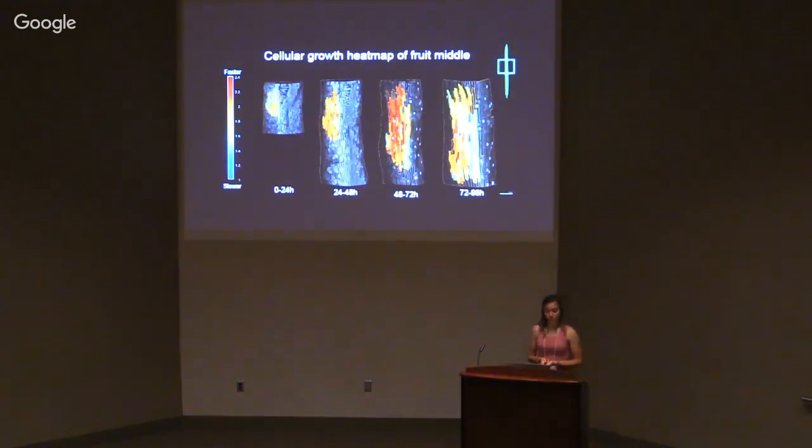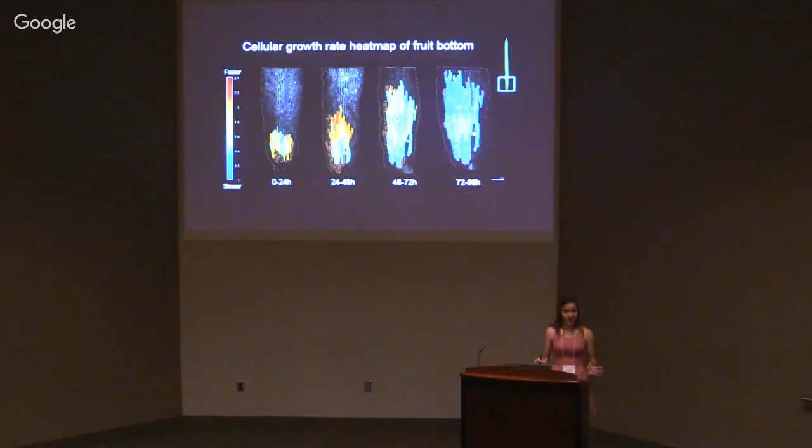Comparing this to the middle portion of the fruit, at the first time interval, you see a lot of orange and yellow, which indicates that the growth rate is relatively fast at the beginning. Again, it intensifies, and by the last day, you still see quite a bit of yellow and orange, which indicates that growth is still pretty fast by the end.